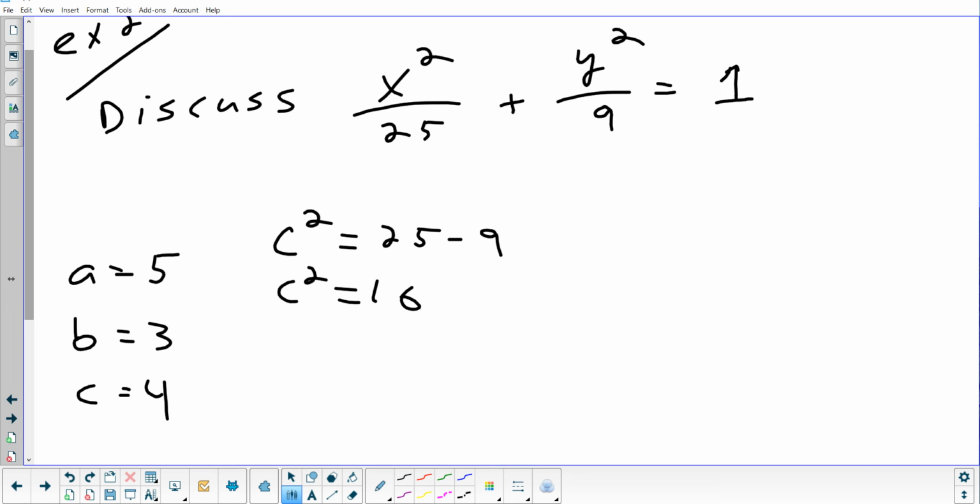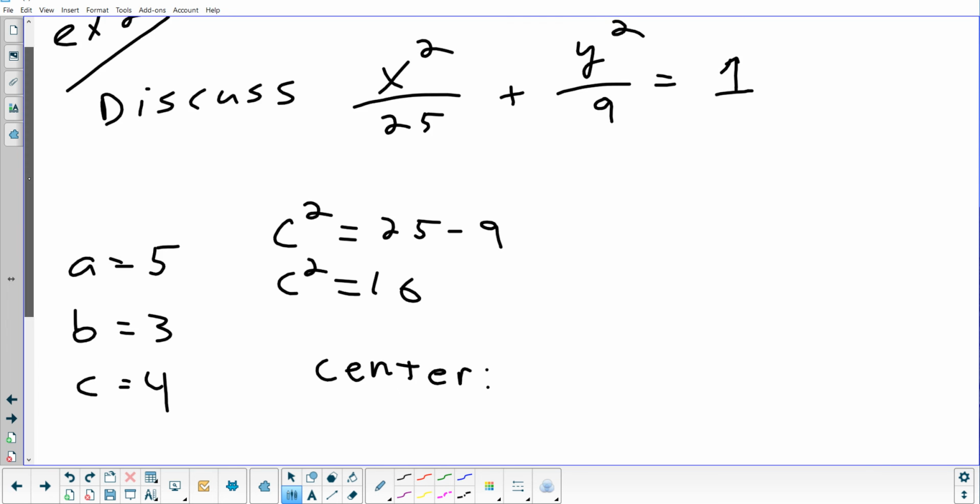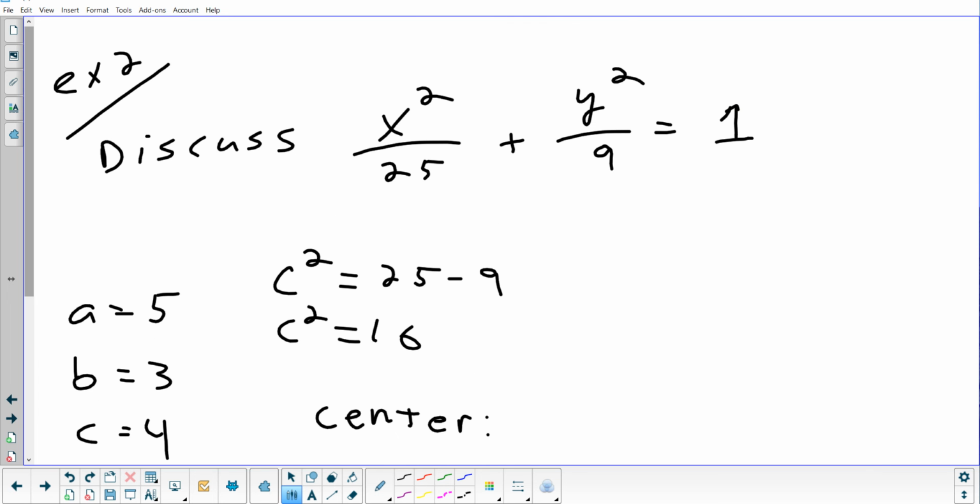Okay, so let's start writing some things down. The center. When there's no minus or plus next to the x or next to the y, where does that mean your center is?